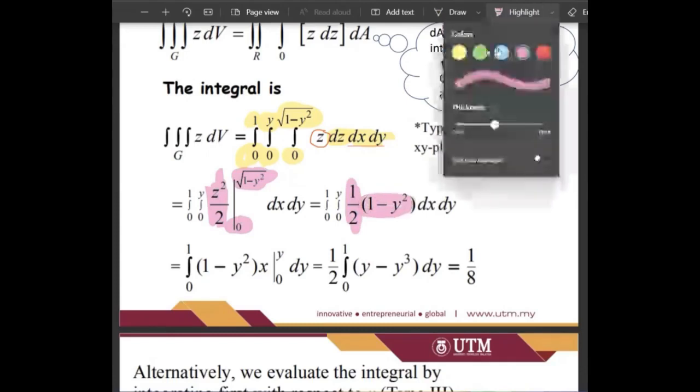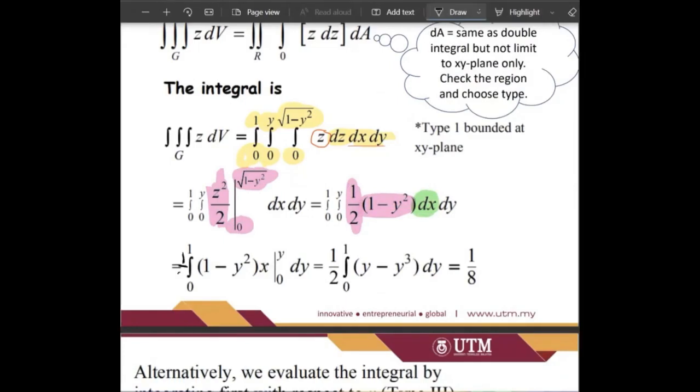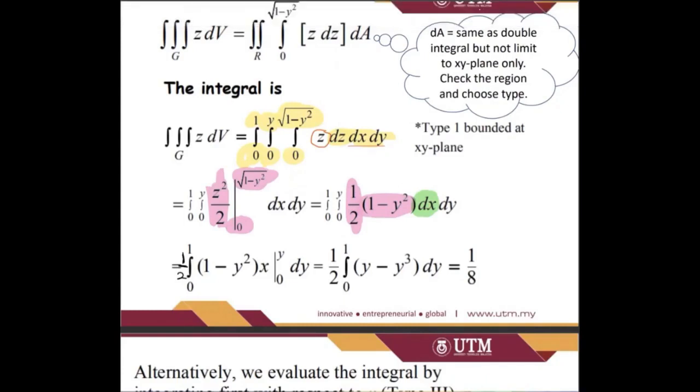And then we integrate with respect to x. So 1 over 2, 1 minus y squared is constant. So what we get is 1 over 2, integrate from 0 to 1, 1 minus y squared, x.